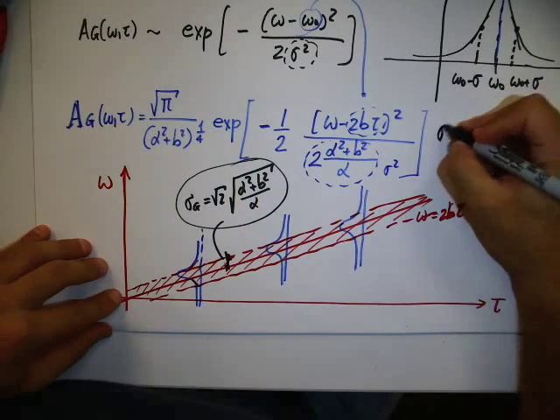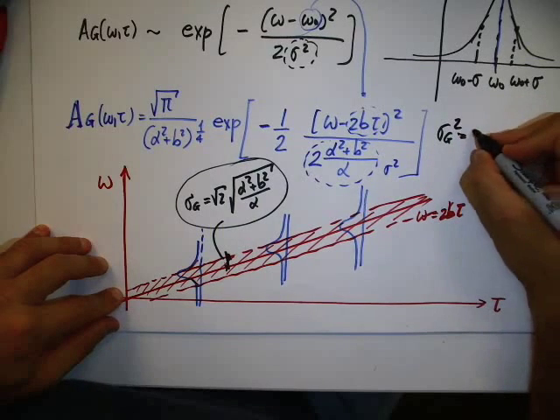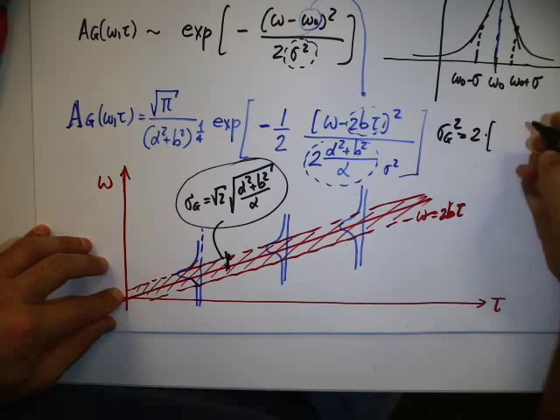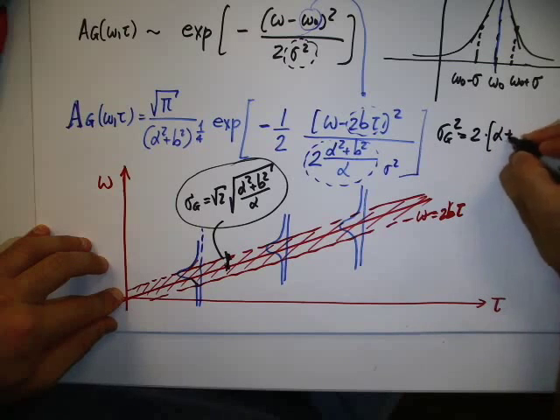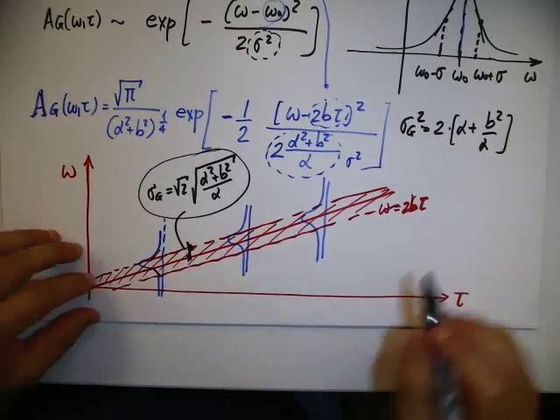Indeed, I can rewrite sigma g squared as 2 times alpha plus beta squared divided by alpha. Okay?